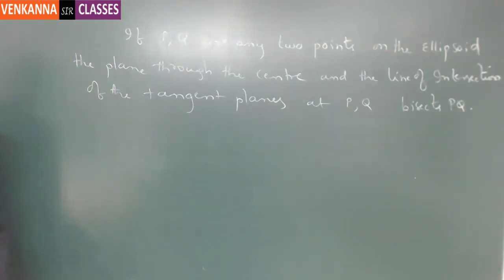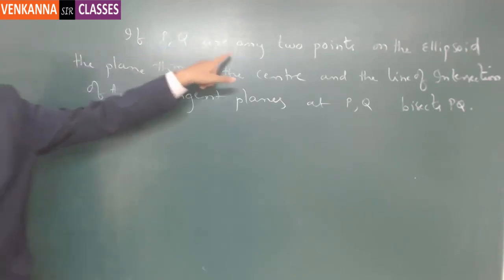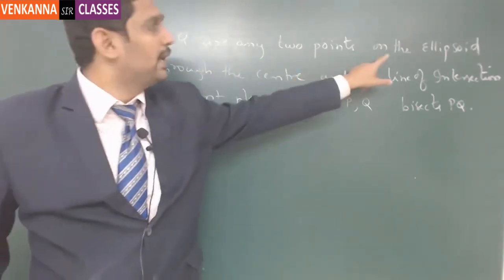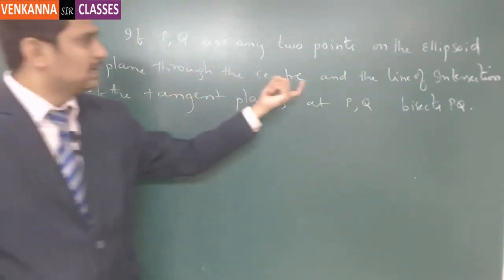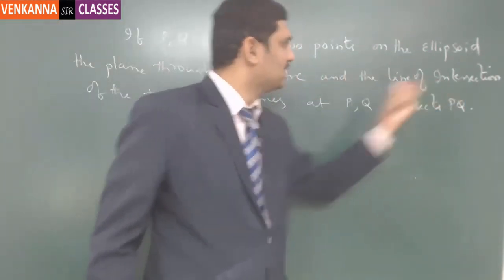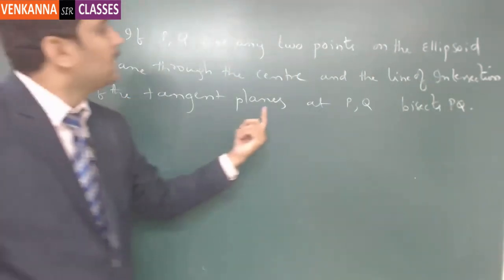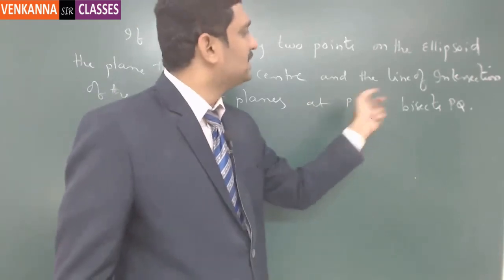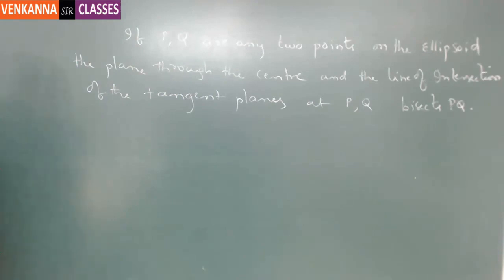So I will read the statement. In the meanwhile, you take a note of it. If P and Q are any 2 points on the ellipsoid, the plane through the center and the line of intersection of the tangent planes at P and Q bisects PQ. That was the question we have to show. Clear now?